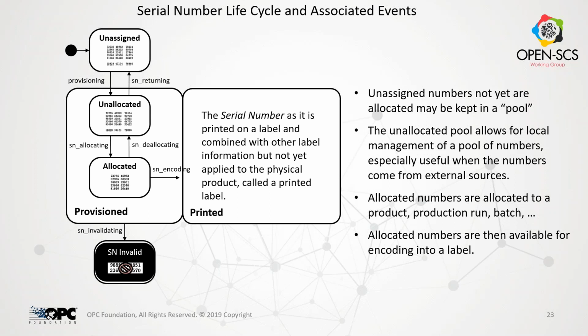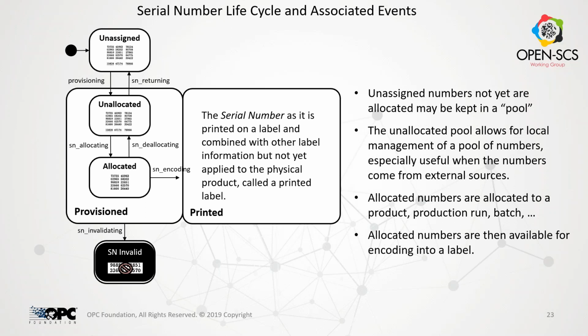And I may make late-minute decisions as to which line I'm actually going to be running a job on. So I want to keep the numbers unallocated to a specific packaging line run, and then they become allocated to a specific product, to a specific production run or specific batch. These numbers are then available for encoding onto a label.